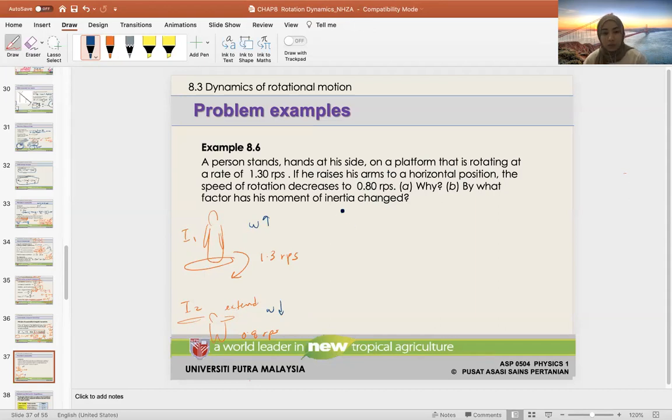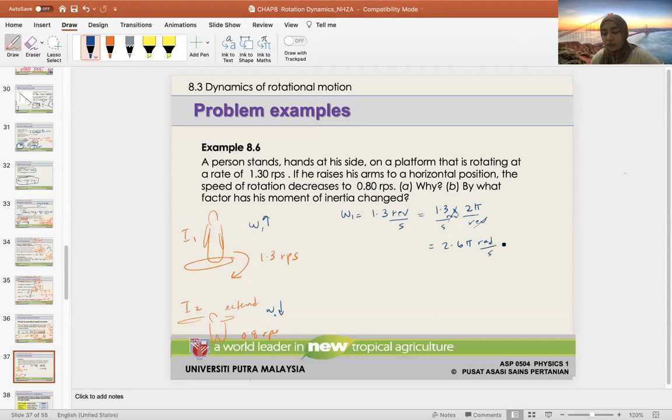So here our omega 1 is 1.3 revolutions per second. I want to change that to SI, so that becomes 1.3 times 2 pi per revolution per second. So the revolutions cancel out. 1.3 times 2 pi is just 2.6 pi radians per second.